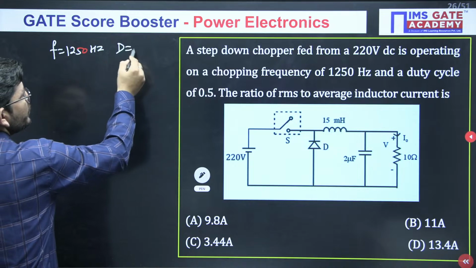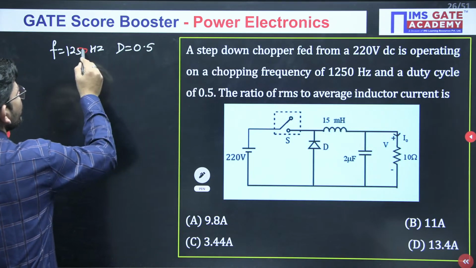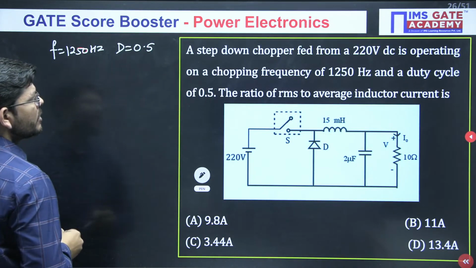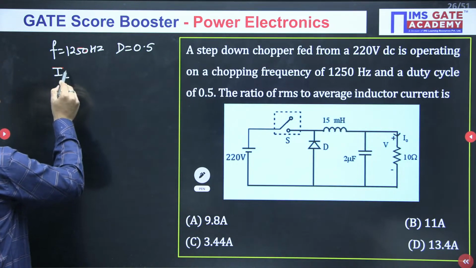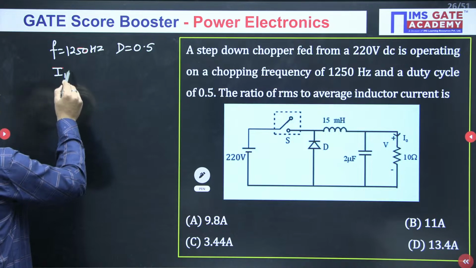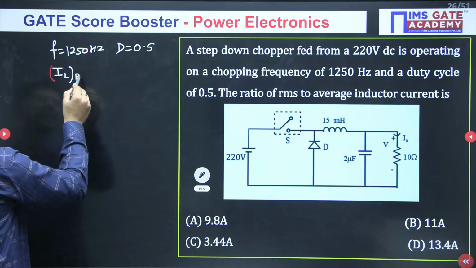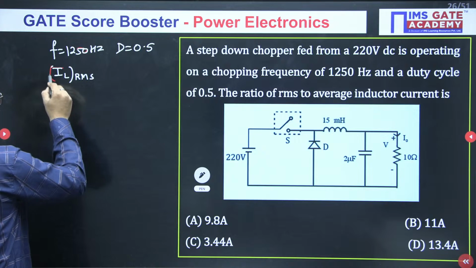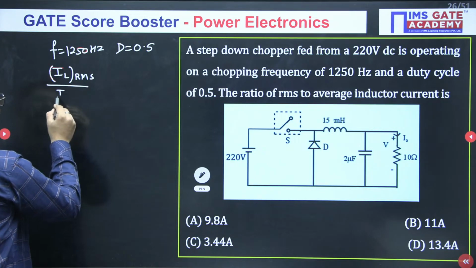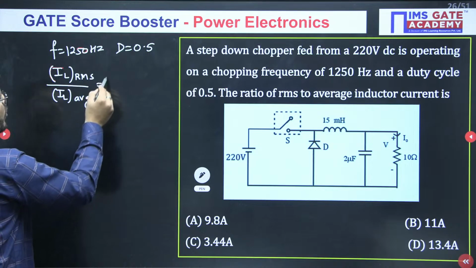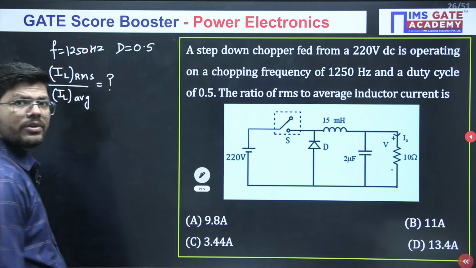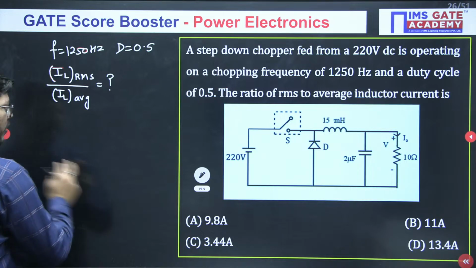Duty cycle is also given, 0.5. Then what do we have to calculate? We have to calculate the ratio of RMS inductor current to the average inductor current. This is what you have to find. Okay. And your time starts now.